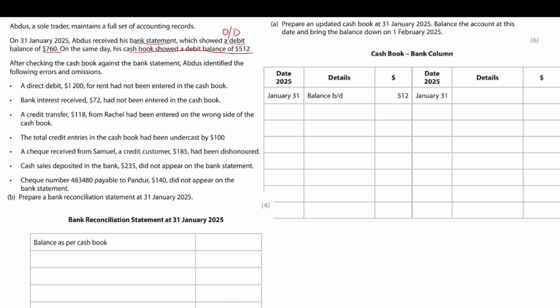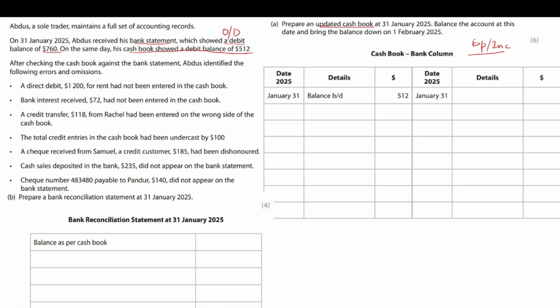After checking the cash book against the bank statement, Abdus identified the following errors and omissions. One thing we have to remember when they ask us to prepare an updated cash book as on 31st January: we have to record any error made earlier, which has to be rectified via the cash book, or any expense or income which has not been recorded in the cash book but is reflecting in the bank statement.